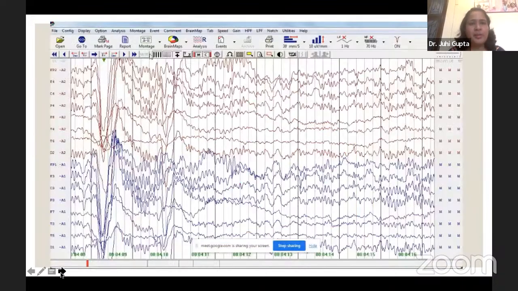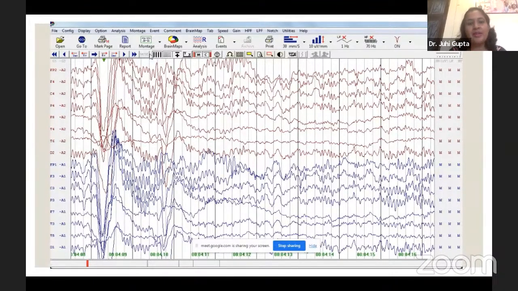So this is how a typical unipolar montage looks. Here is the option where you can select montages. In red you have the right-sided electrodes in reference to A2, and below you have all the left-sided electrodes in reference to A1.